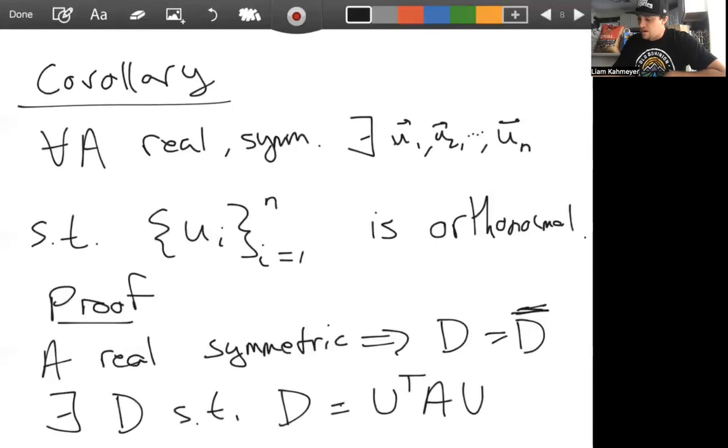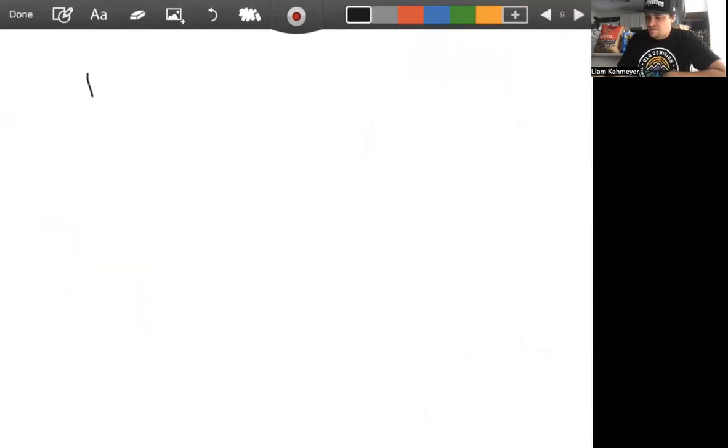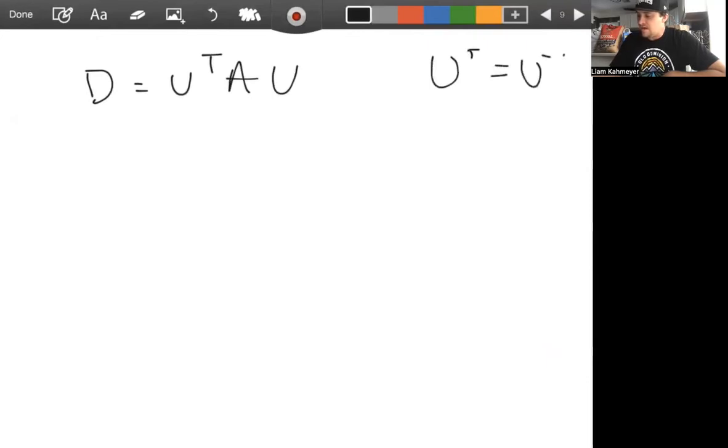What does this mean, right? Well, also we have, I'll just say it now, D is equal to lambda 1 through lambda n, because that will come into play here soon. If we have D is equal to U transpose A U, well then, if U is orthogonal, then U transpose is equal to the inverse.